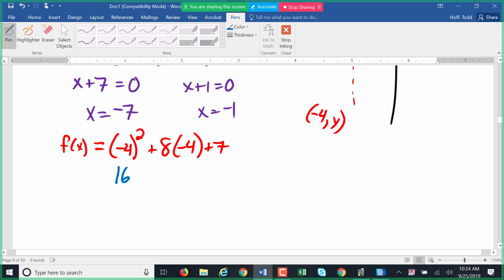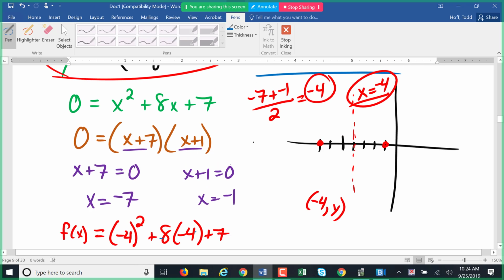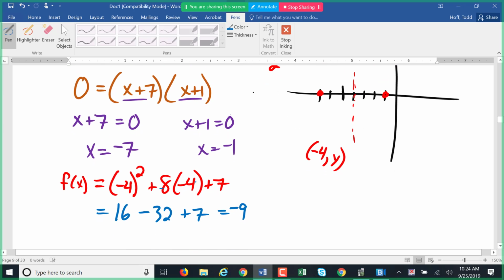Negative 4 squared is 16. 8 times negative 4 is negative 32, plus 7. That all adds up to negative 9. So the y coordinate is negative 9. So the vertex is down here at negative 4, negative 9.